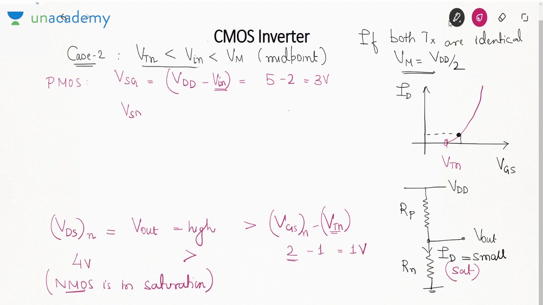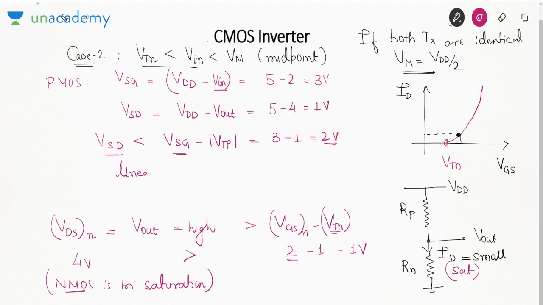What about VSD? It is VDD minus Vout. Vout I am taking as 4 volt. So what will you say? VSD is less than VSG minus mod VTP. VSG is 3. Suppose mod VTP is 1. So 1 volt is less than 2 volt. If it is the case, PMOS is operating in linear region.